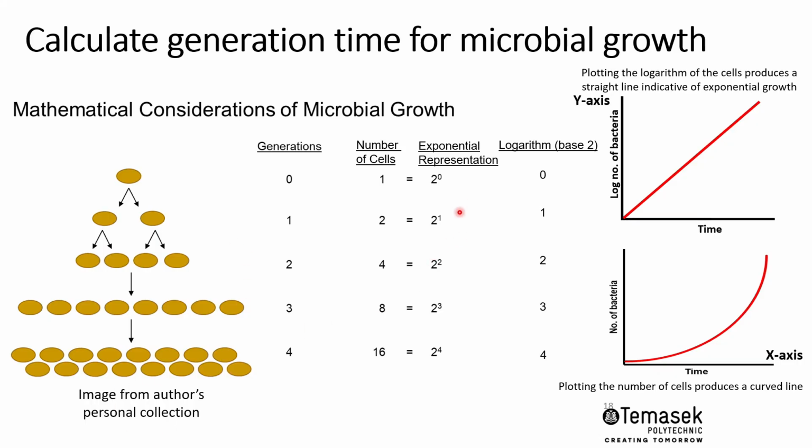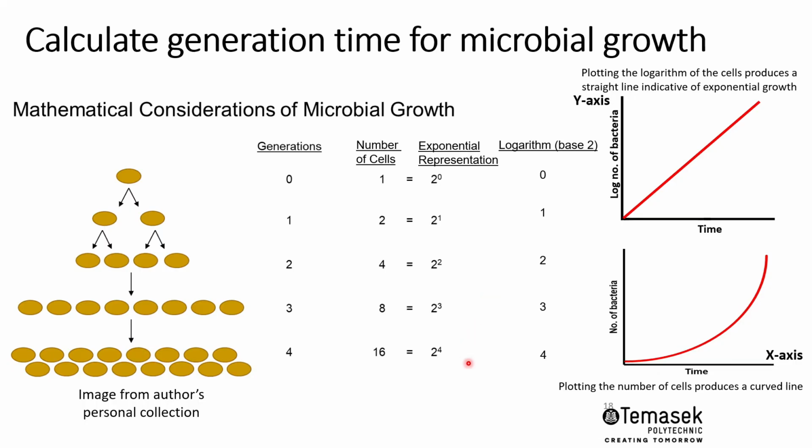When we talk about exponent numbers, often the cell population itself is represented by the number 2 with an exponent of either 1, 2, 3 or 4. The exponent increases by 1 in each generation, as you can see here, and the number of the exponent is also the number of generations itself.